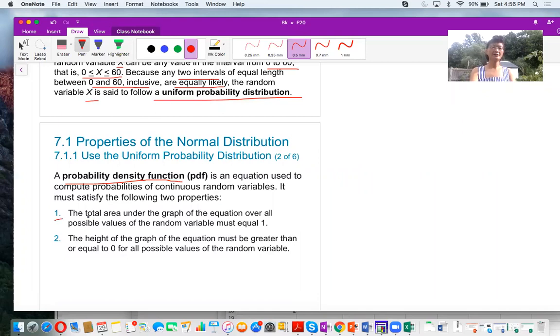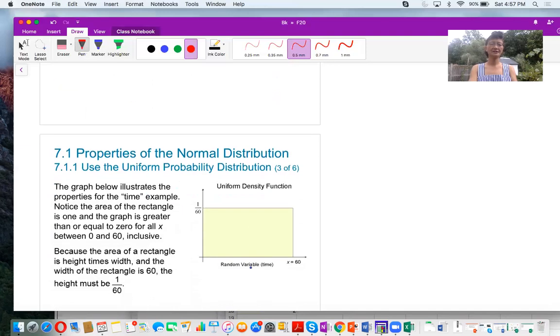Criteria 1, the total area under the graph of the equation over all possible values of the random variable must equal 1. Criteria 2, the height of the graph of the equation must be greater than or equal to 0 for all possible values of random variables.